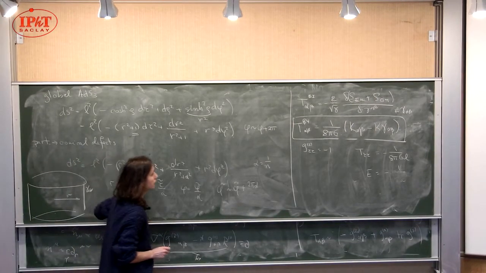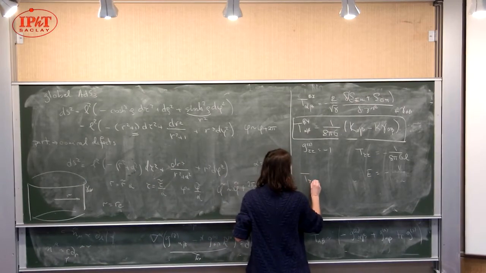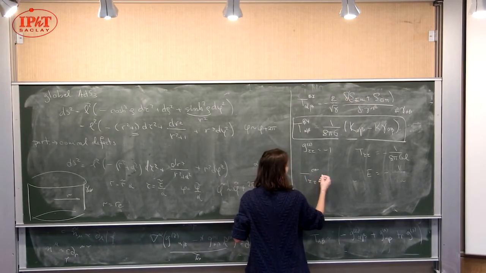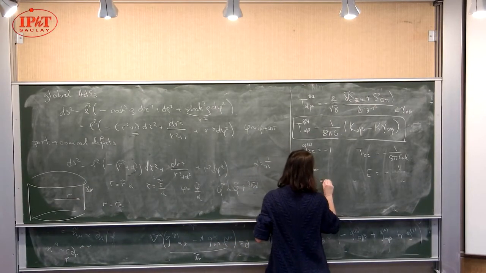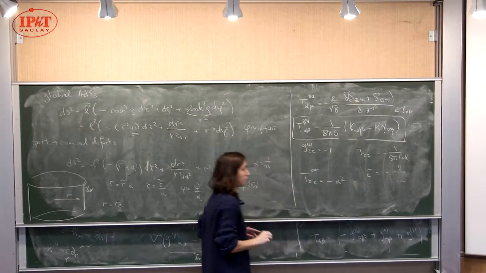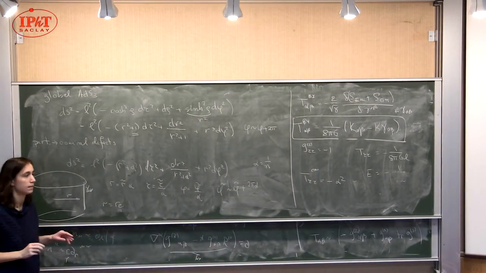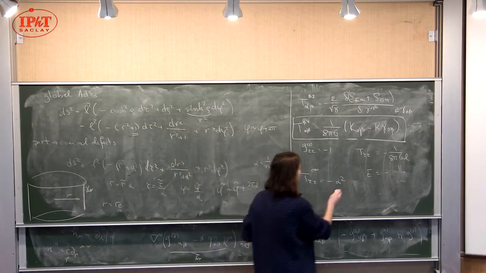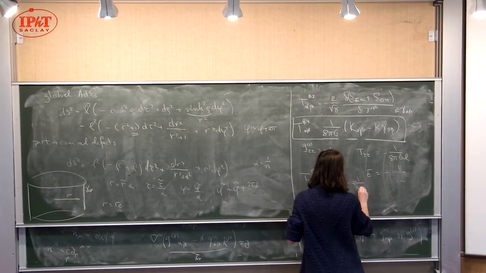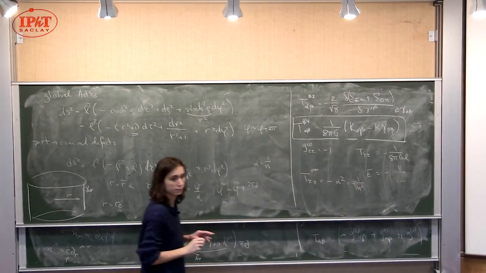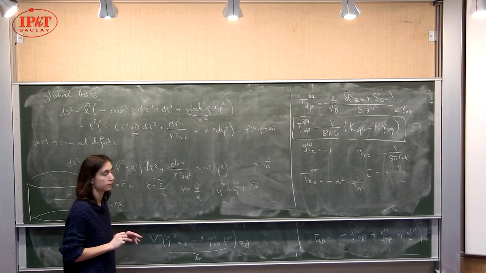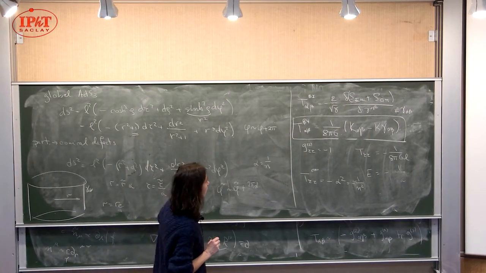So what we get is that the stress tensor for conical defects, in the same units, is going to be minus alpha squared. But alpha was 1 over n, so it's going to be minus 1 over n squared.